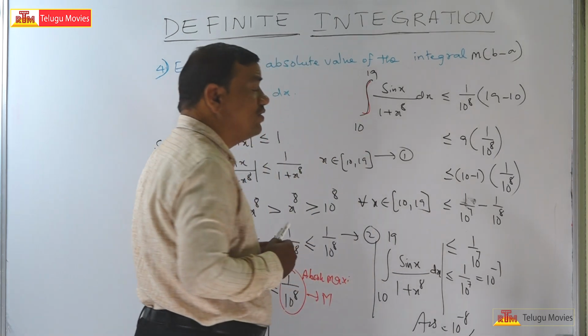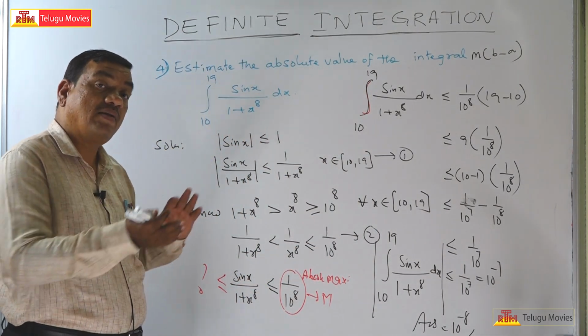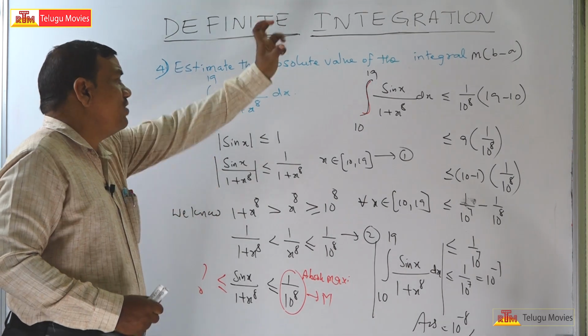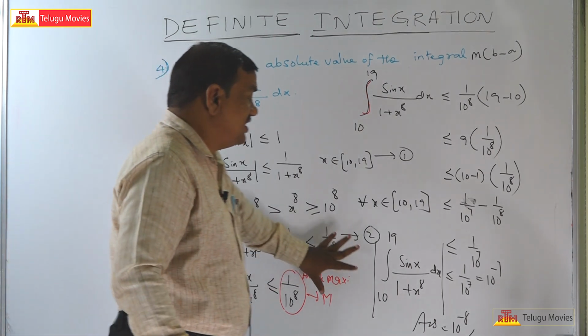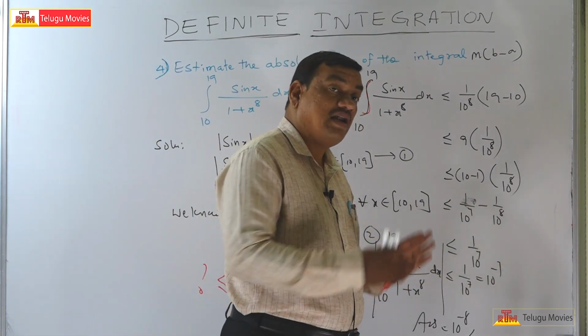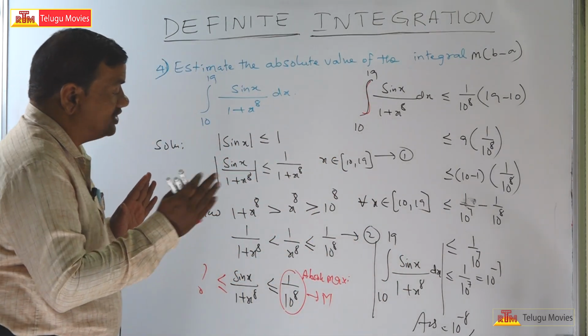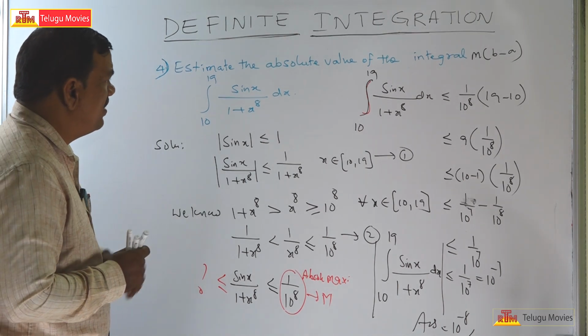That means a value less than 10 power minus 7 is 10 power minus 8. So the absolute value lies between, we don't know this value, but it is less than or equal to 10 power minus 7, whatever the value may be, your answer should be 10 power minus 8.